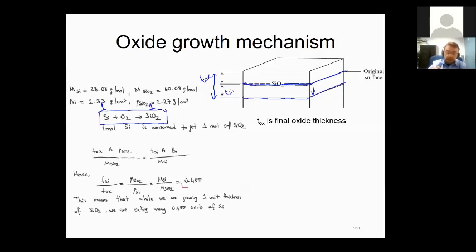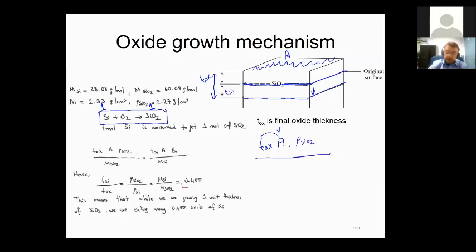Now, let's see how many moles of silicon we have used and how many moles of silicon dioxide we created. If I multiply T oxide, the thickness, times the area, which area? This area here. That's going to give me the volume. If I multiply that with the density of silicon dioxide, that's going to give me the total mass that has been created.